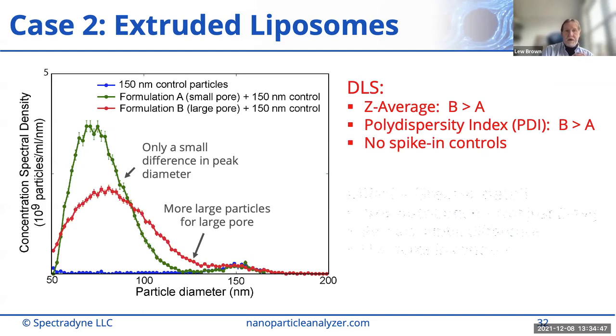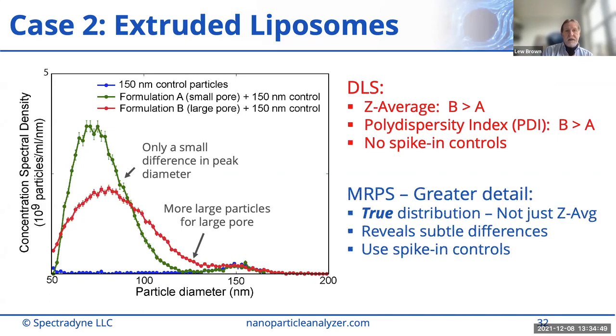Okay. Now, so the difference is in the MRPS system, we're getting a much more detailed distribution. We're getting a true particle size distribution, not just a Z average. And you can see subtle differences, such as the fact that this has a lower concentration at the peak diameter than the other one. And you can also use these spike-in controls.